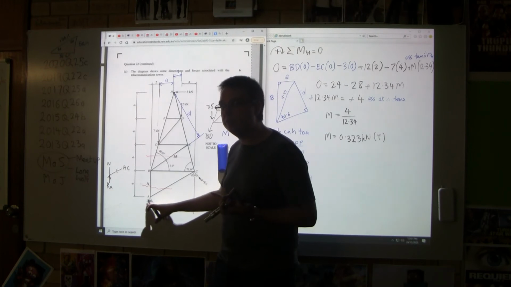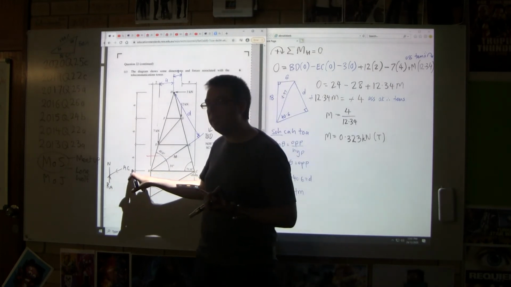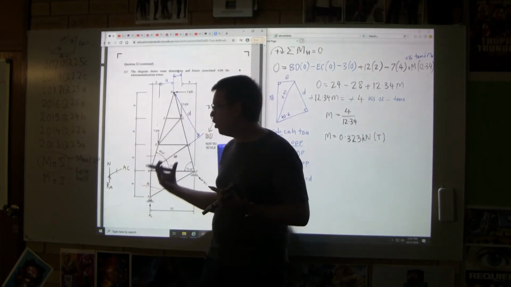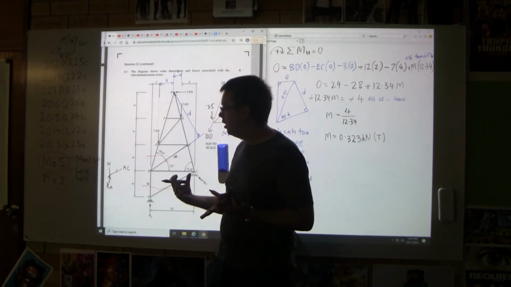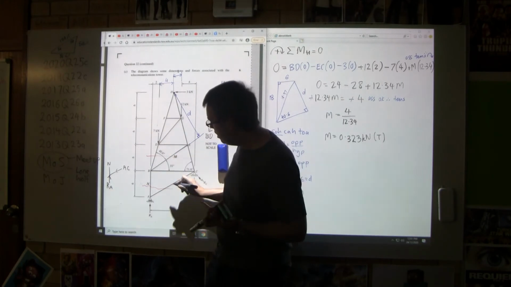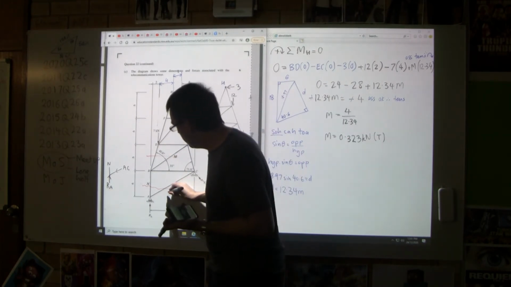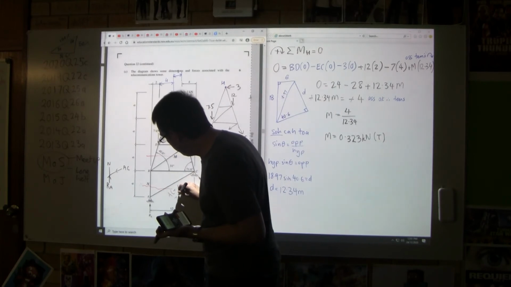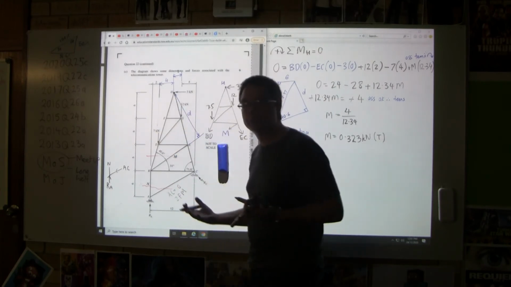It can't have left or right. So if AC has any amount of left, there's nothing pushing back to stop it from going the other direction. So AC has to be equal to 0. So we call that a zero force member. AC equals 0, zero force member, and we've just done that by inspection.